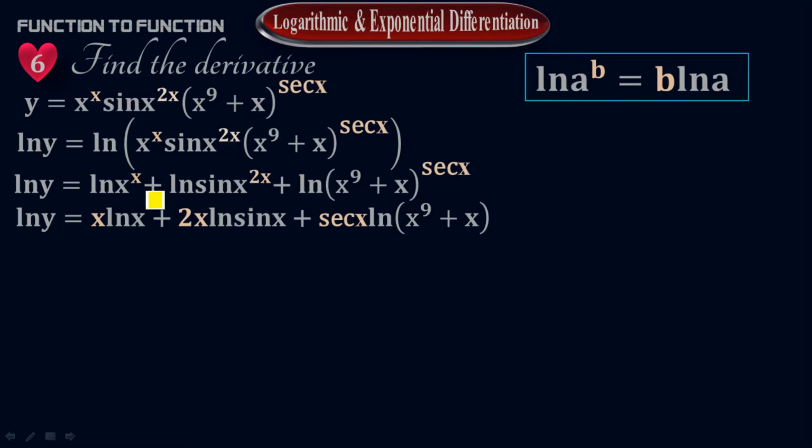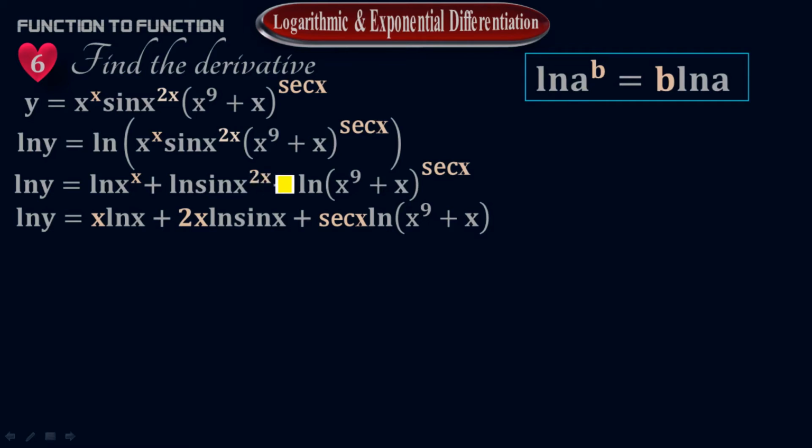So let me first pick the first term, which is natural log of x^x. My x is b here, and this x is a. So just apply that rule. It equals x times natural log of x. Similarly, when you pick the second term, my b is 2x, and my a is sin x.